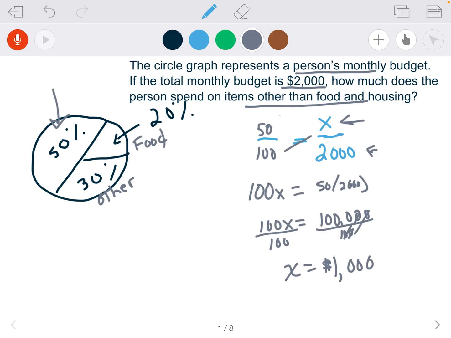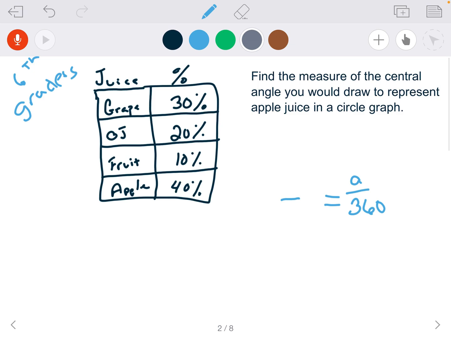This is an example. The next question asks you to find the measure of the central angle you would draw to represent apple juice in a circle. You don't have to draw anything, you just have to find the measure. Because we're talking about a circle graph, we're going to use 360 as the number below. And then we're going to set up what we know.